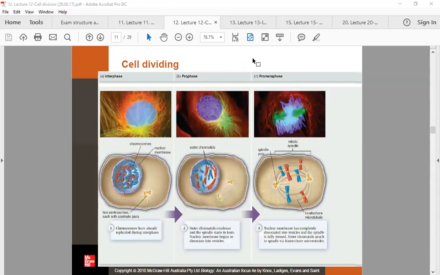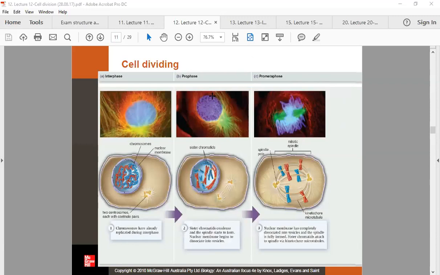So during prophase, we can start to see something here. Yes, chromatids condense. Yeah, here we go. Sister chromatids condense.